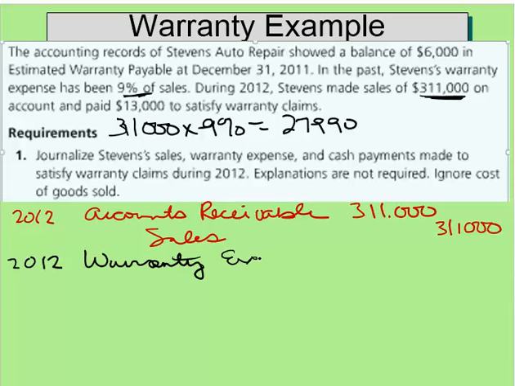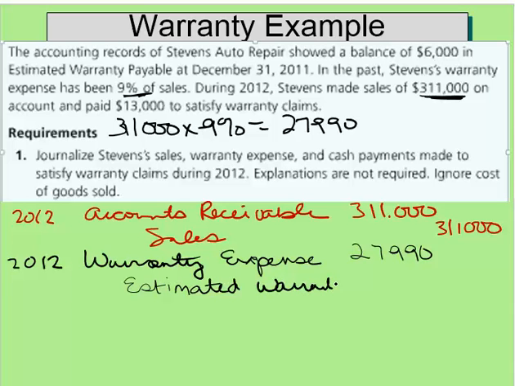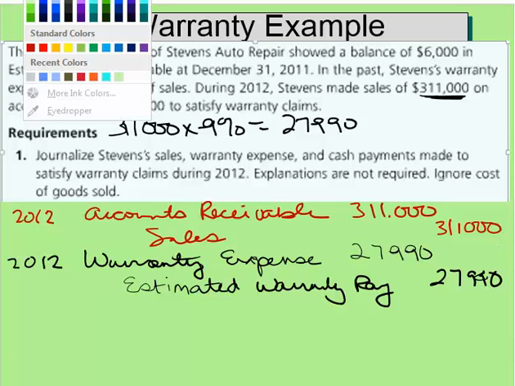So we'll debit warranty expense for the $27,990, and we will credit estimated warranty payable for the same amount. Okay, so we've now just added $27,990 to our liability.